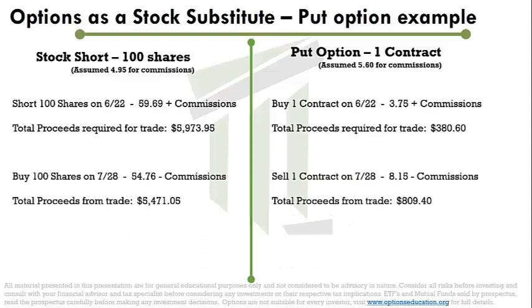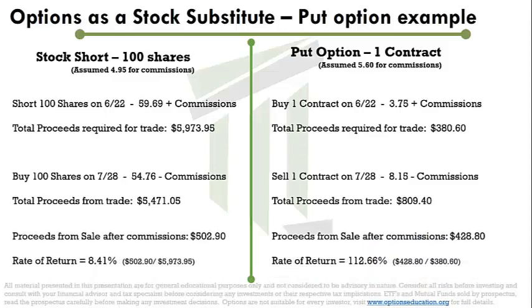On July 28th, buying back the shares that were shorted for $54.76 is going to bring in $54.7105. On the put option, we're selling the contract for $8.15. So we bought it for $3.75 and we're selling it for $8.15. Total proceeds $8.09.